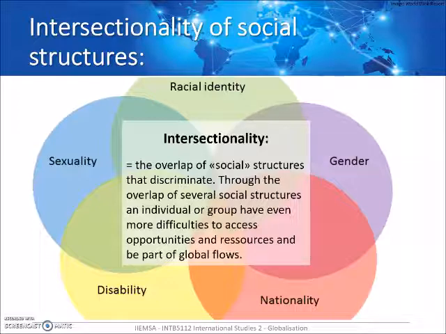On the complete opposite end of intersectionality, you would have a white male from a Western country, from a rich background, that has no disability and whose sexual orientation is straight, right? There you would have a human being that is pretty much not discriminated in any way and that does not face any social structures at all, right?